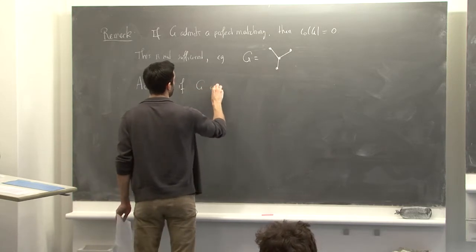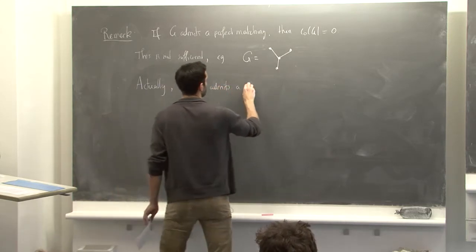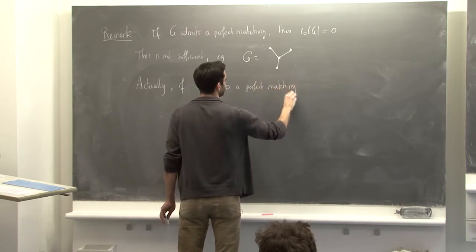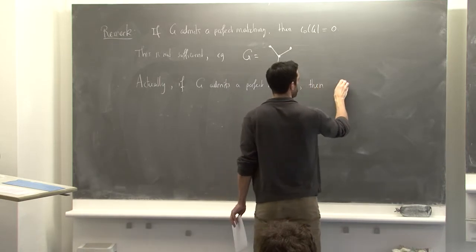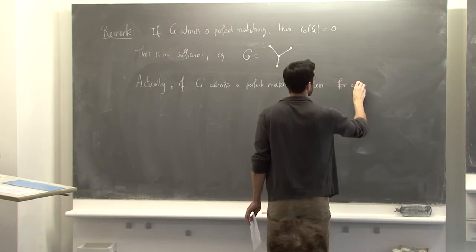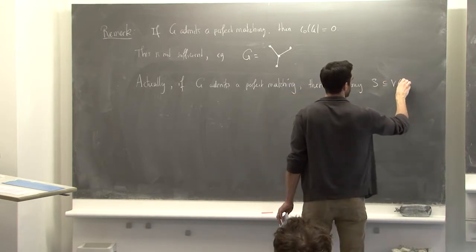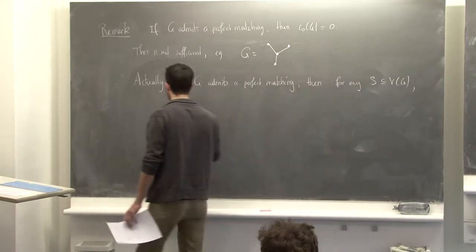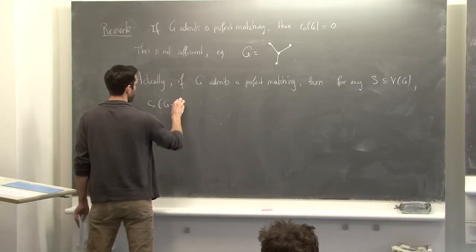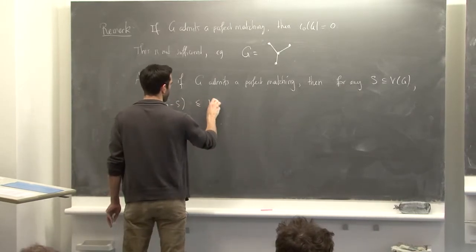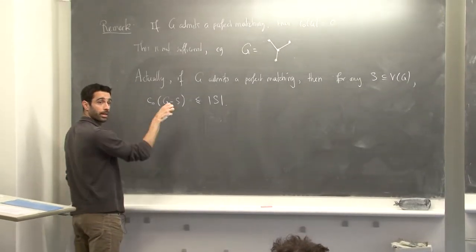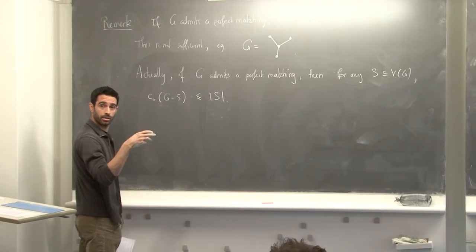Actually, if G admits a perfect matching, then for any set of vertices S, the number of odd components of G minus S is less than or equal to the number of elements in S. Here, G minus S means I removed the vertices and all the adjacent edges.